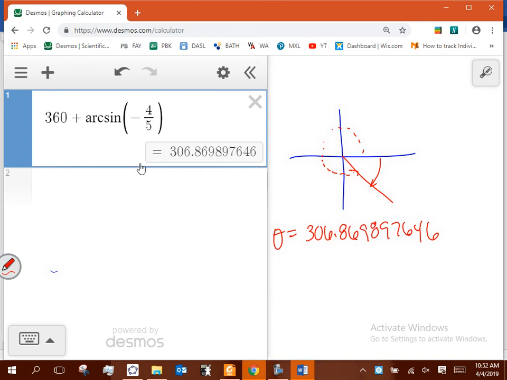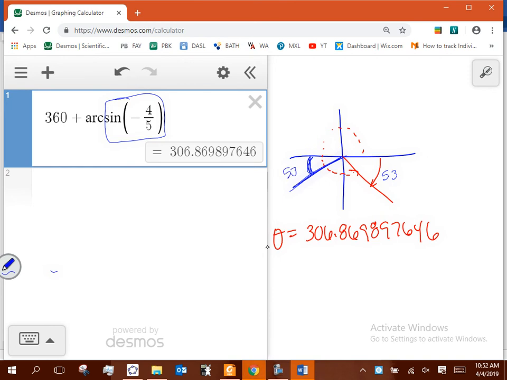But is sine -4/5 in 2 quadrants? What other quadrant would it be -4/5 in? Third quadrant, right? Sine is negative in both the third and fourth quadrant. So if this was 53, what's this angle here? 53.